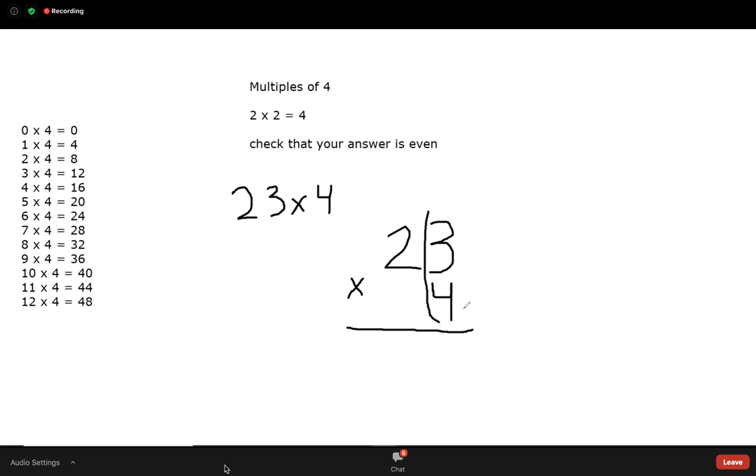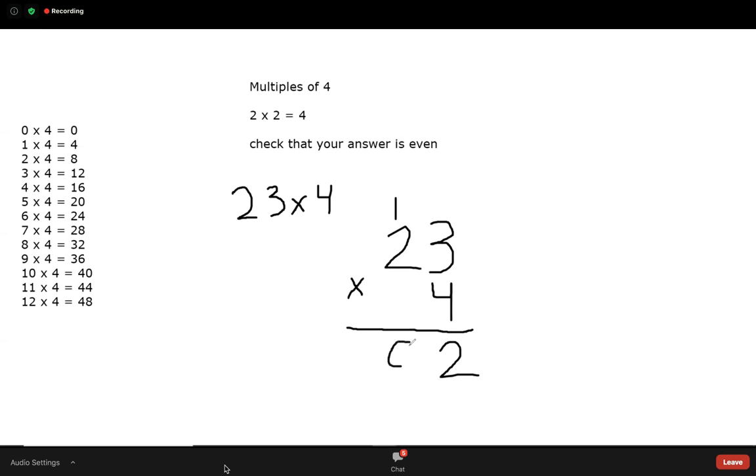Okay, so let's see how we do this. 3 times 4, we know is going to be 12. 4 plus 4 plus 4. So we'll carry 1 over, leave this 2 behind. The next step is doing 2 times 4, which is like 4 plus 4, which is 8. Then we need to remember to add this 1 that we carried over. So now it's 8 plus 1, which will be 9.